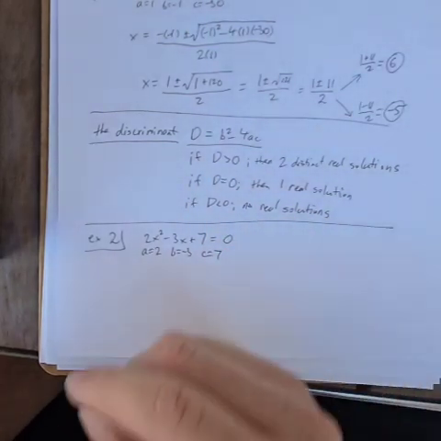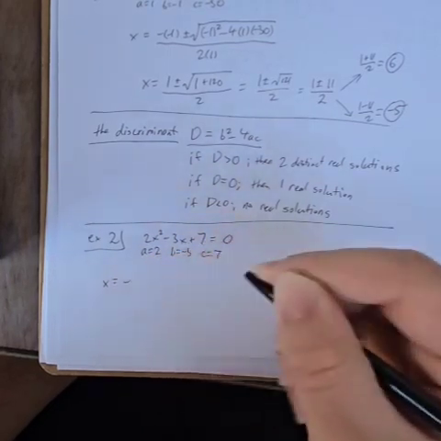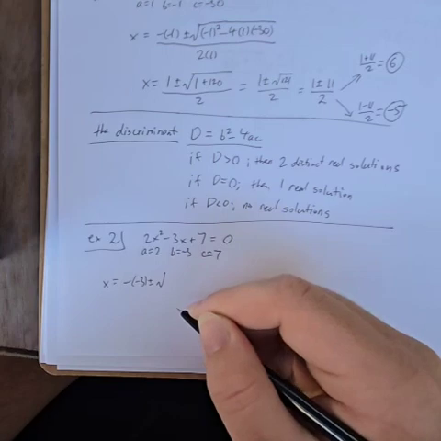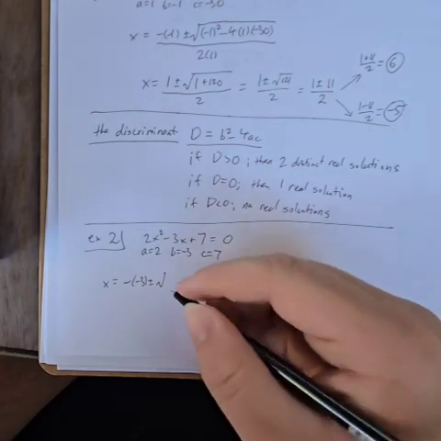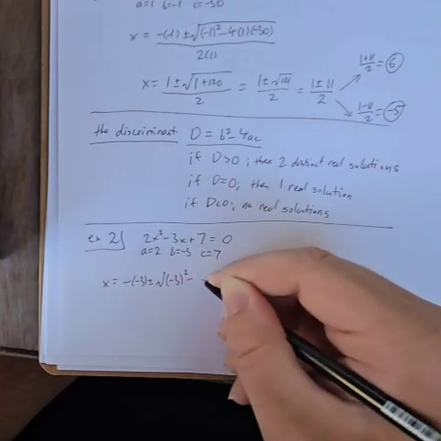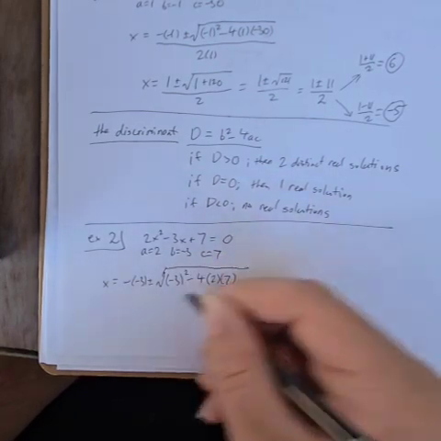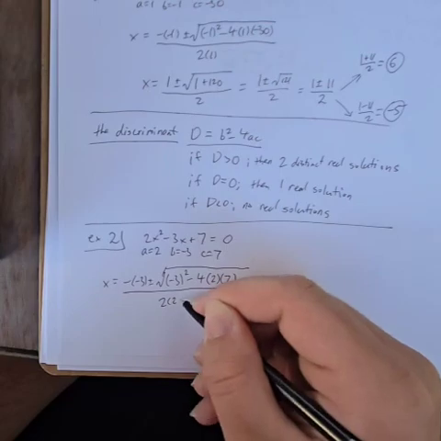So plug and chug. X equals negative b, so that's negative negative 3, plus minus square root of b squared, so that's negative 3 squared, minus 4a is 2, c is 7, 4ac, all of this over 2a, so it's just 2 times 2.